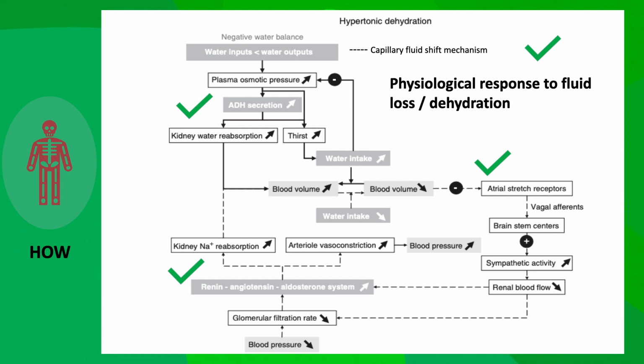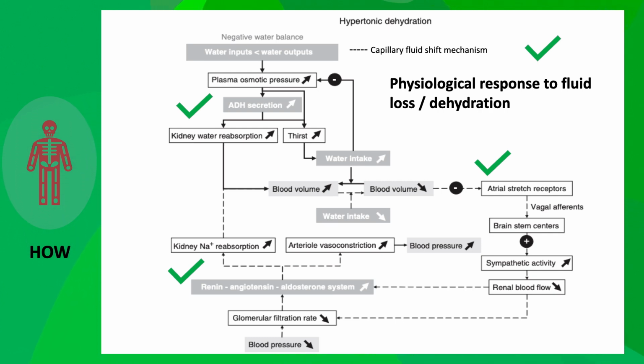We must realize that all these four compensatory mechanisms are trying to restore one compartment of our body, that is the plasma volume. And we must also realize that these four mechanisms will take some time to act. The instantaneous mechanism is the capillary fluid shift mechanism, but other mechanisms take time to act.